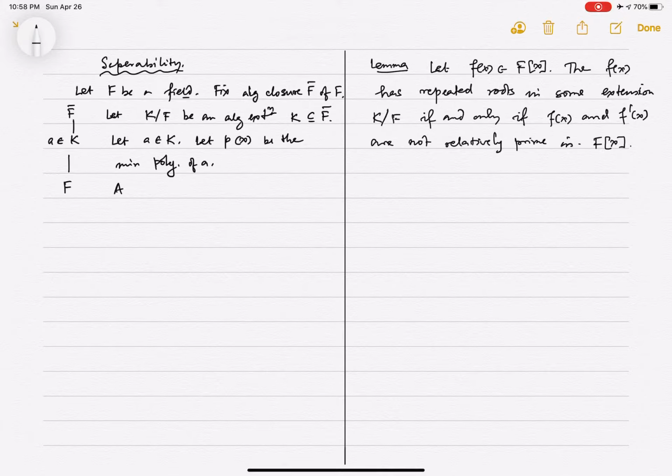A conjugate, so this is the first definition. A conjugate of A in F bar is a root of P(x).